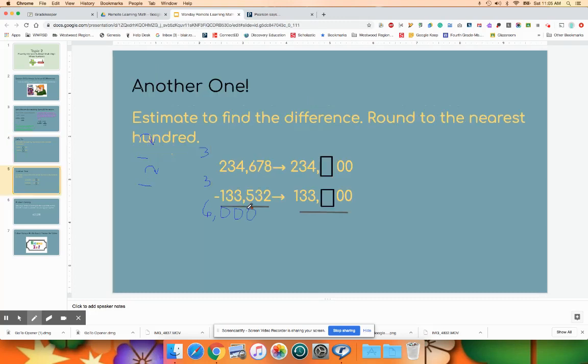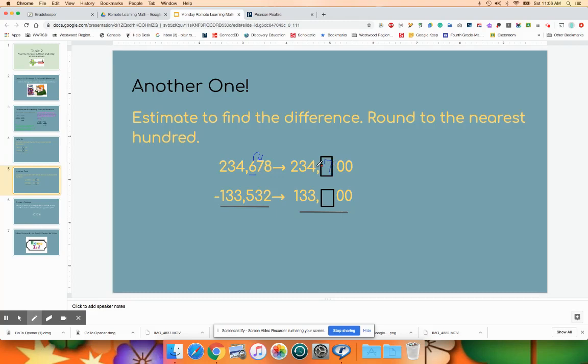All right, let's try another one. Now, estimate to find the difference. So here I'm not adding, I'm subtracting. And it tells me to round to the nearest hundreds place. All right, so ones, tens, hundreds. So I'm going to underline, draw my arrow. What does the 7 do to the 6? Bump it up or leave it alone? It bumps it up. So this becomes a 7.